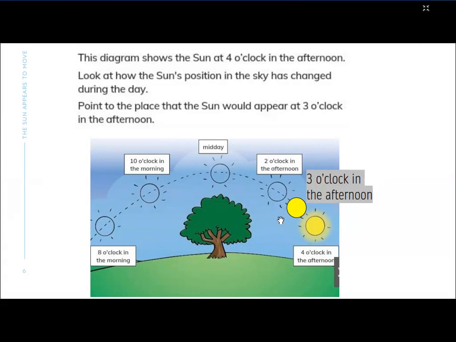So what you have to do is draw the sun and write 3 o'clock in the afternoon, and then it will be 4 o'clock in the afternoon. So between 2 o'clock and 4 o'clock, you are going to mark the position of the sun and write 3 o'clock in the afternoon.